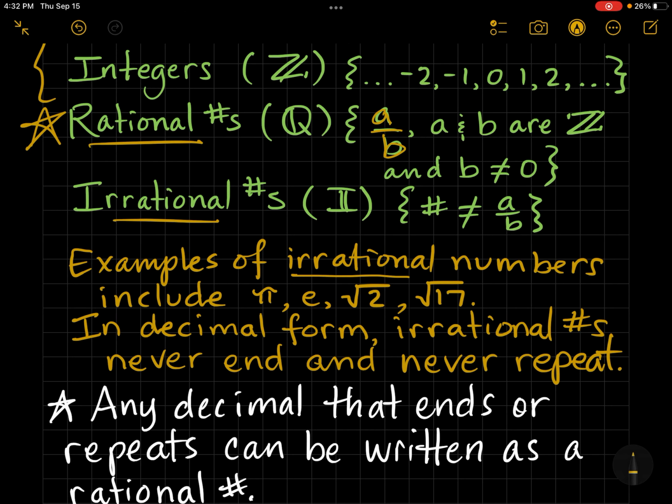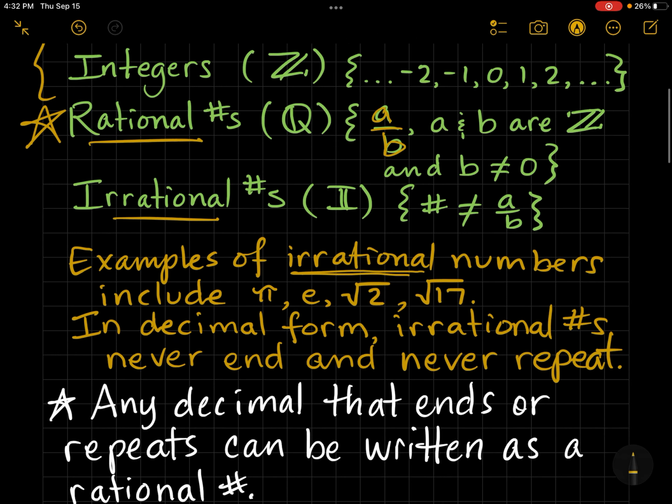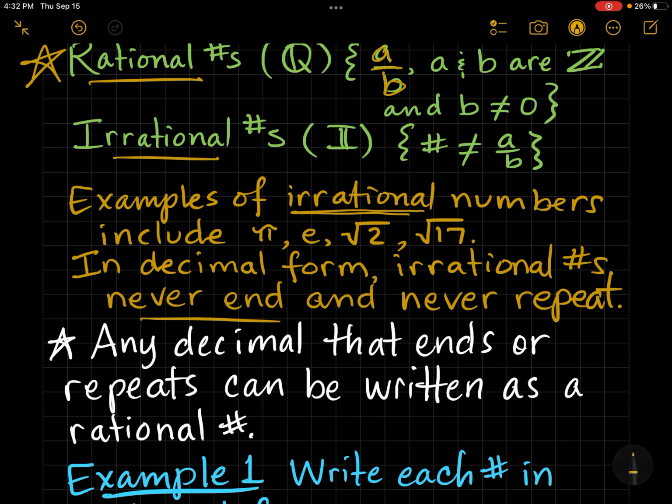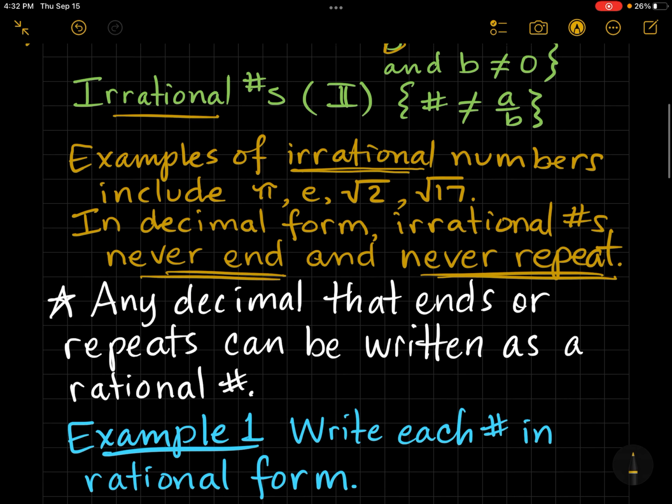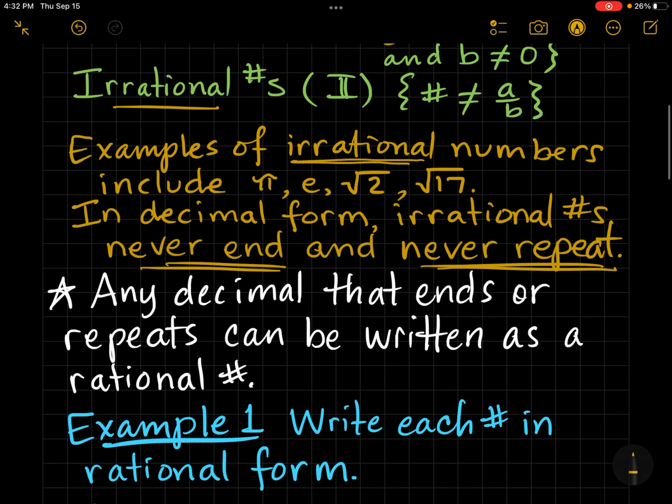And an easy way to know that it's irrational, meaning it cannot be written as a fraction, is in its decimal form, it never ends and it never repeats. Okay, so a decimal that ends or repeats, you can consider that a rational number, but we would have to write it as A over B.